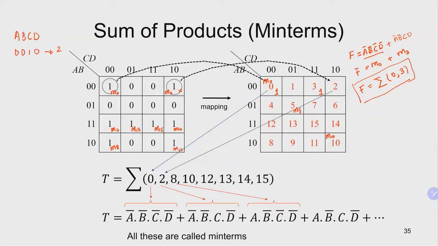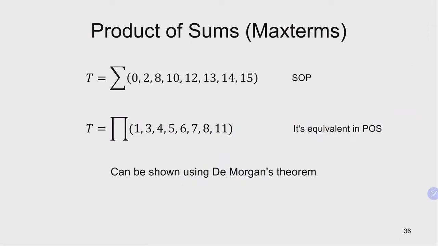Okay, so this is just going through what I have explained, so I'm not going to go through this again. And the equivalence of the products of sum, or we call it POS, so it is the max term.